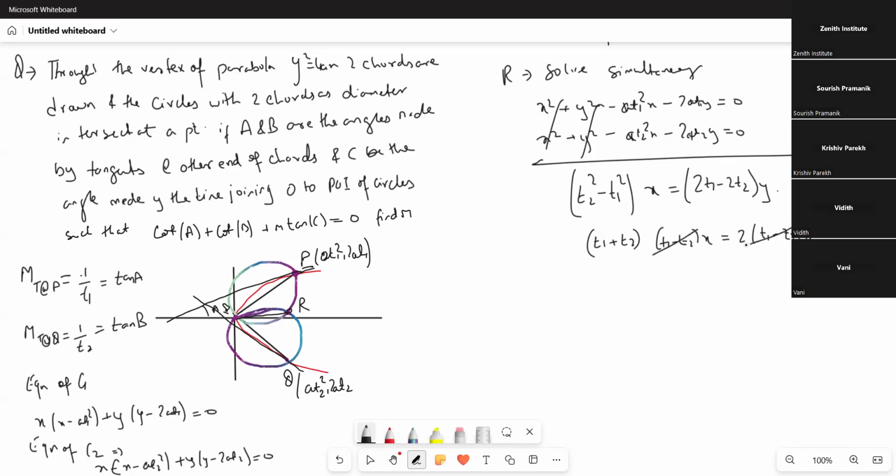So t1 minus t2 cancel हो जाएगा with a negative sign. That will give us y by x is equal to minus 2 by t1 plus t2. But y by x would basically be the slope of OR.